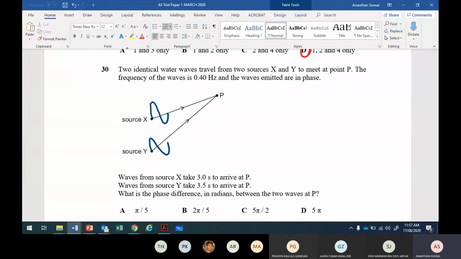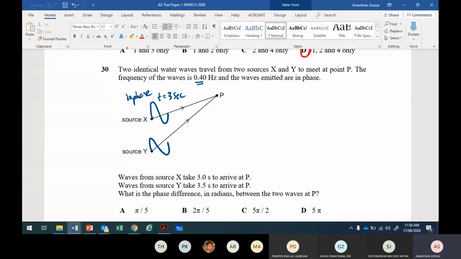They are in phase. So the frequency is 0.4 hertz. The wave from X takes 3 seconds to arrive at P.